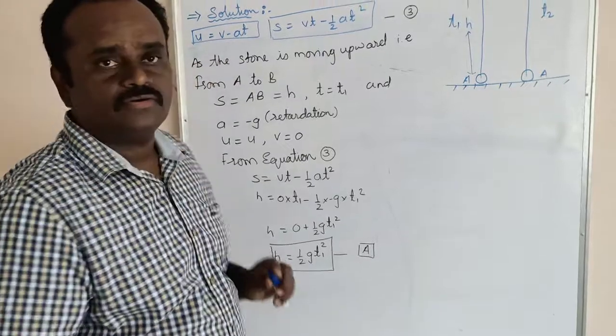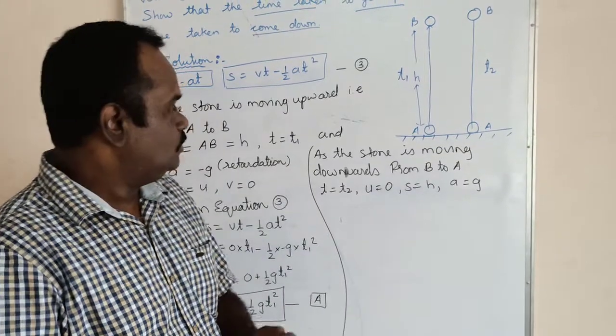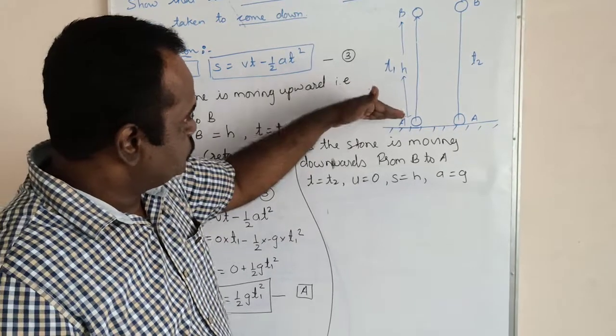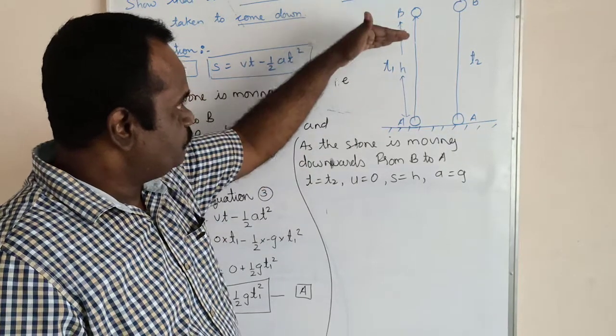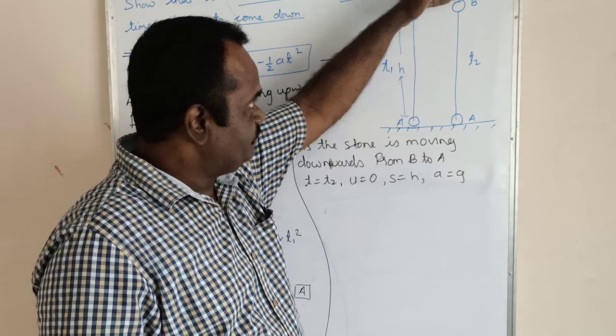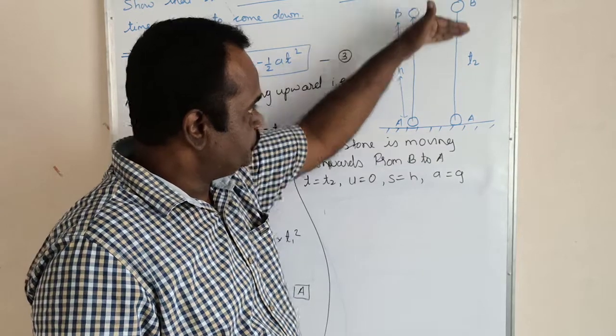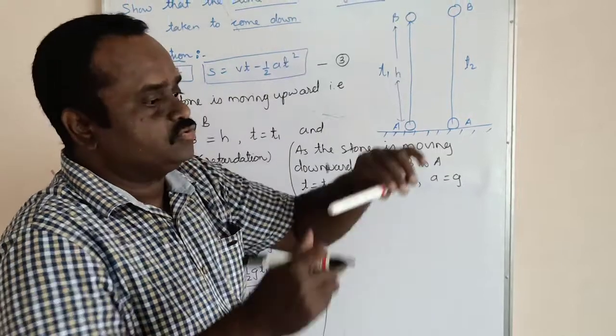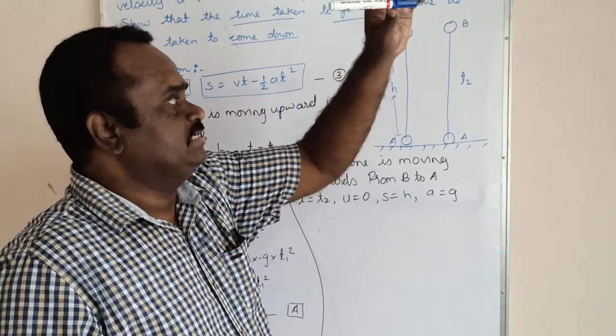Right? Okay. Now this equation we got when the stone is moving from A to B. Now we have to find what we get when the stone moves from B to A. Here the initial velocity when the stone has reached the highest point is 0.